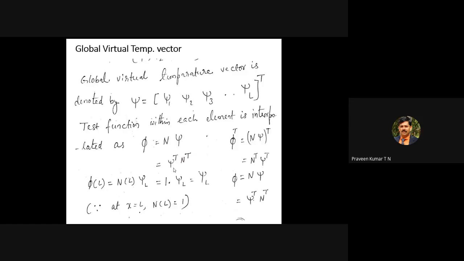By using that, we can write phi is equal to N into xi. That also we can write like this: xi of T is equal to N into xi transpose. That's also equal to N transpose into xi transpose.